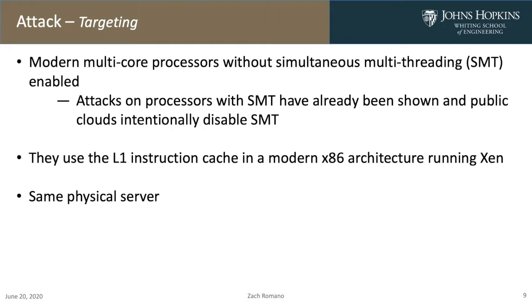Additionally, we're going to focus on modern x86 architectures running Zen and their usage of the L1 instruction cache. This is a very modern architecture used by all your big cloud providers such as AWS or Azure. And finally, this attack has to be done from another VM running on the same physical server, so we need to be in very close proximity to who we're targeting.